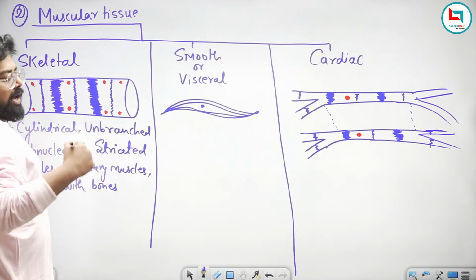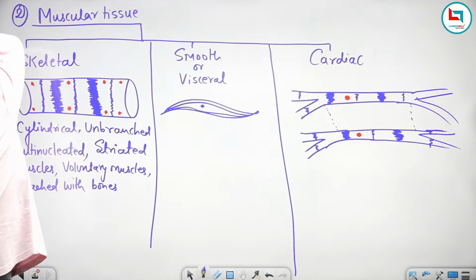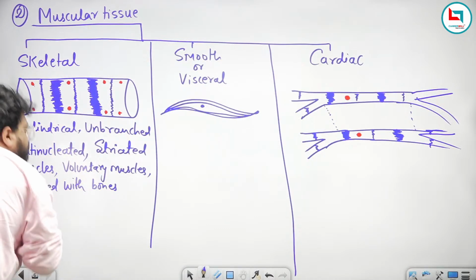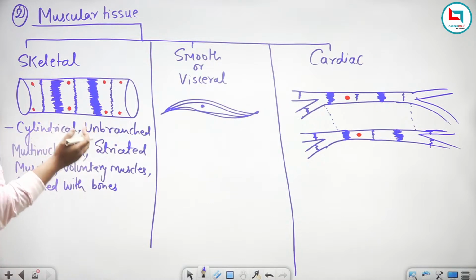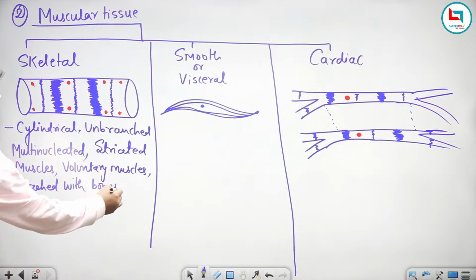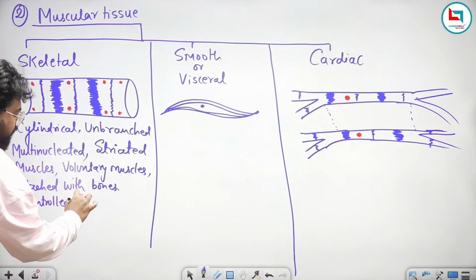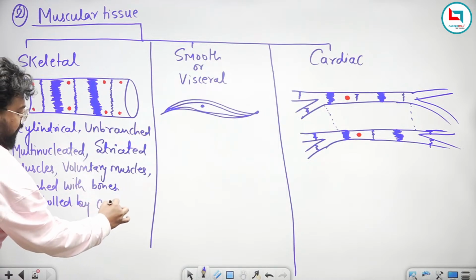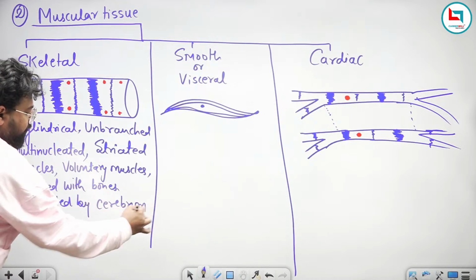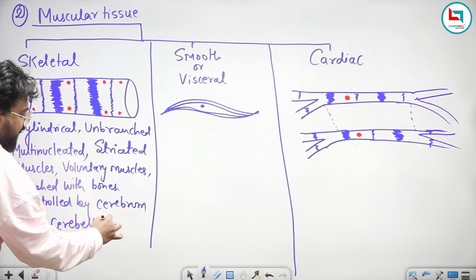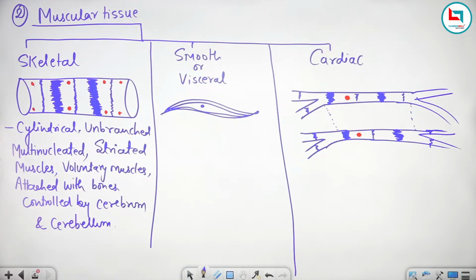What I'm moving right now, the muscles which are attached with our bones or skeleton, are skeletal muscles, and we are moving them voluntarily or with our will. These muscles are controlled by the cerebrum and cerebellum, which are parts of our brain or central nervous system. So these are the characteristics of skeletal muscle.